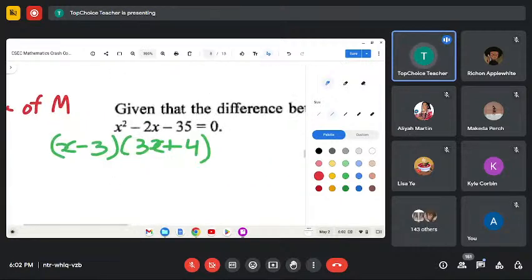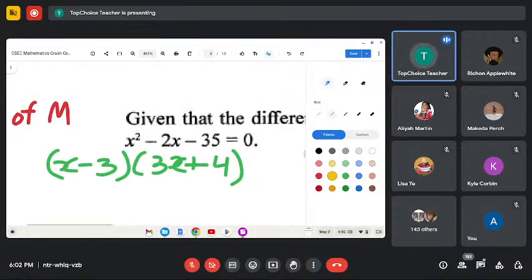This is a classic double bracket expansion question, the same way we encountered something like this yesterday. In a double bracket expansion, we take the first term in the first bracket and multiply it by everything in the second bracket. Be mindful of your directed numbers and your multiplication of algebraic terms.